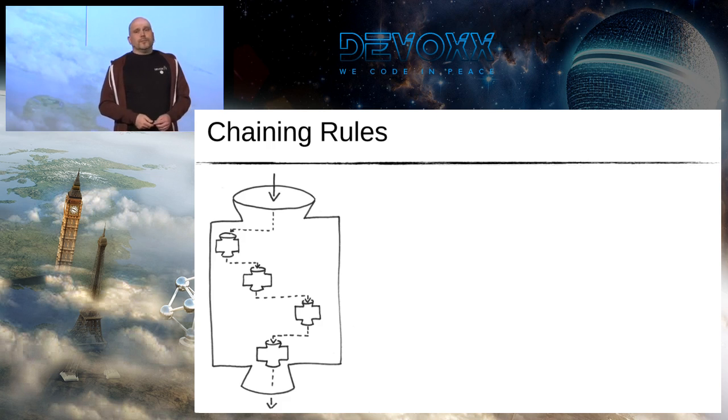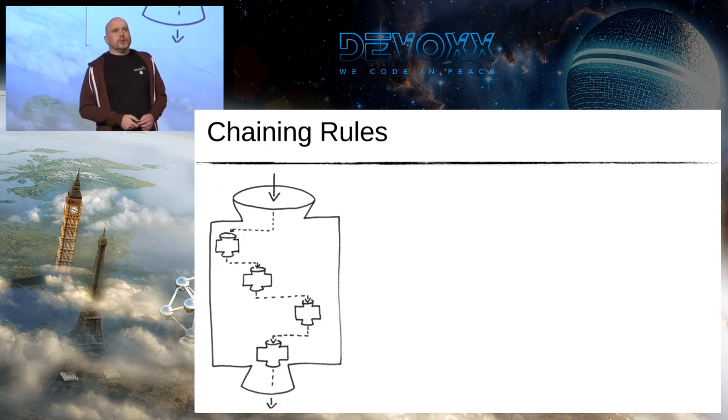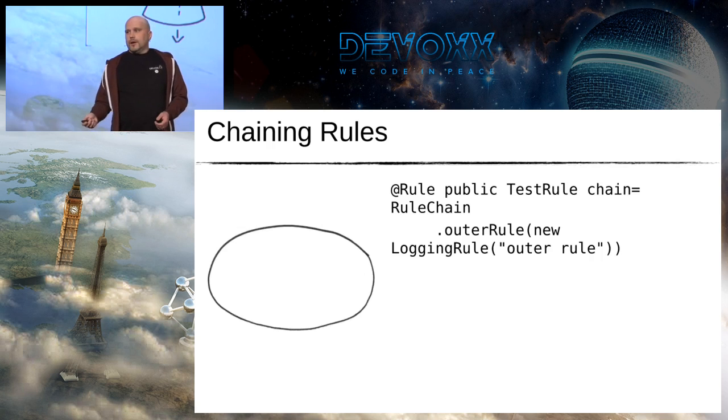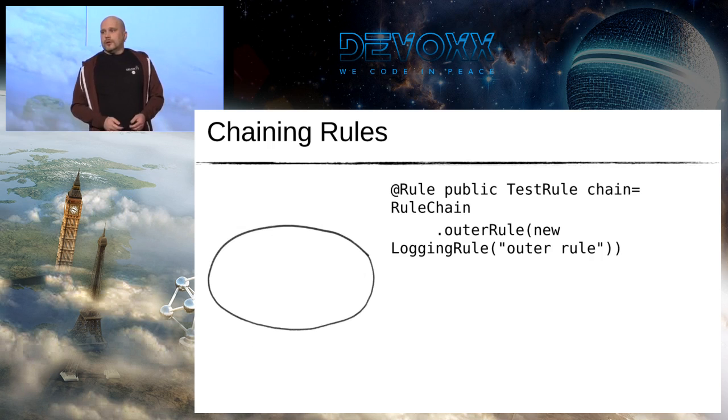So in a later version, I think in 4.10 or 4.11, the rule chain was introduced. A rule chain is just another rule which takes a list of rules and applies them one after the other. And again, in code it looks really simple.